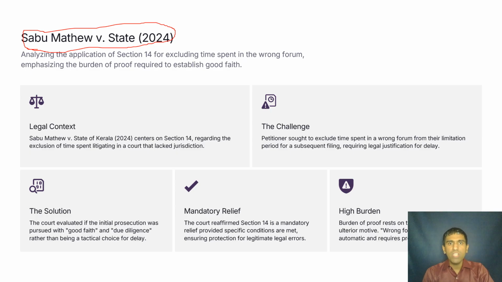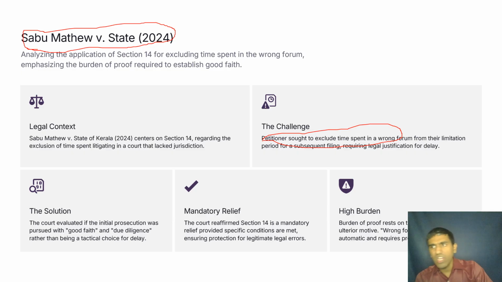So when the petitioner found out that he had been fighting the case in the wrong court and the court had dismissed that case, when he filed the case in the correct court, the petitioner sought to exclude the time spent in the wrong court from the limitation period.